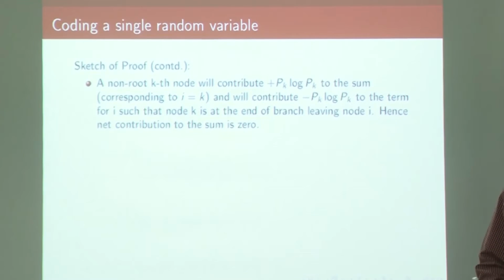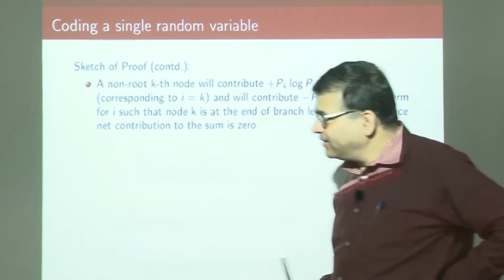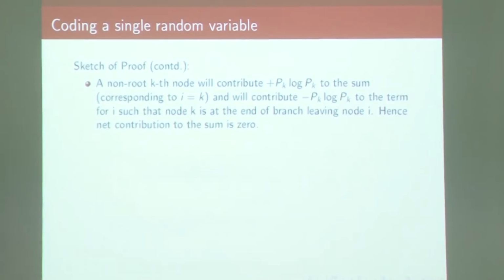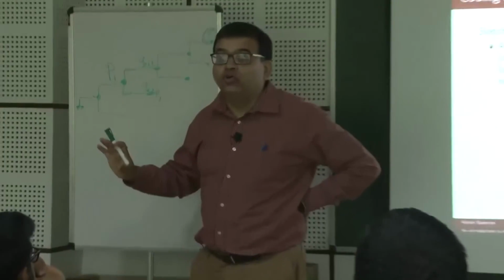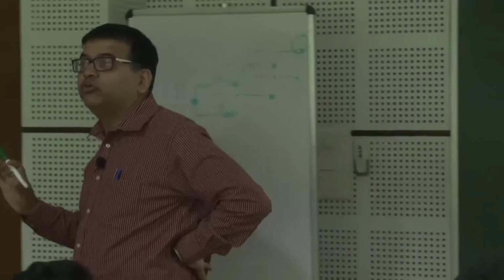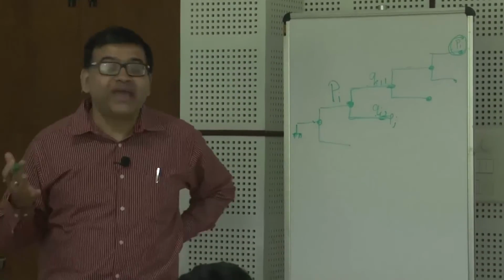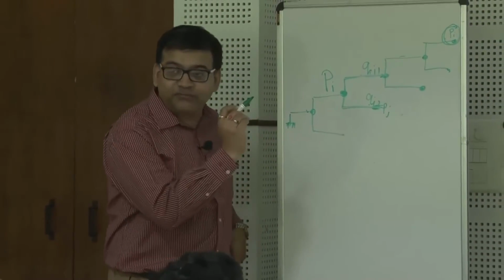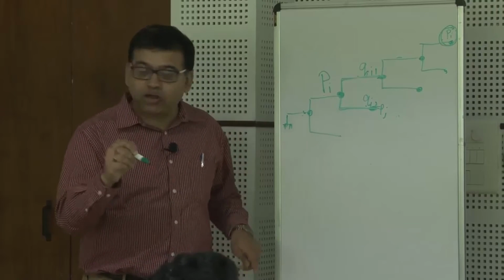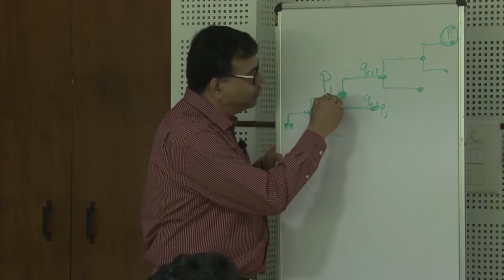So the net contribution is 0. Now what am I saying? If you have any node other than the root node, its net contribution is 0. Why? I had two terms there, remember? I had pi log. So let us look at this particular node.